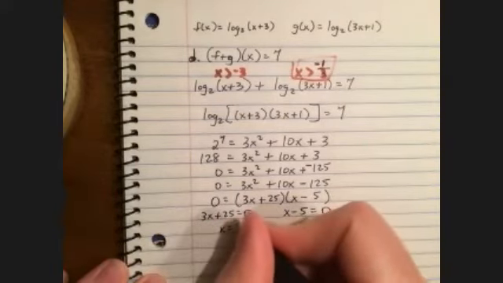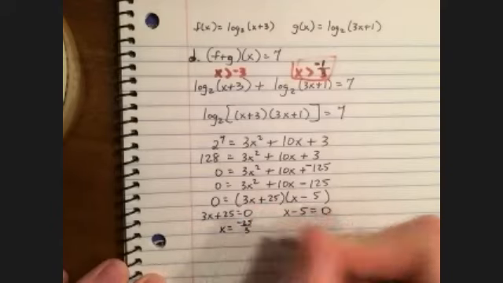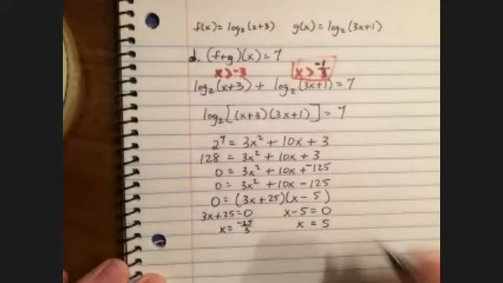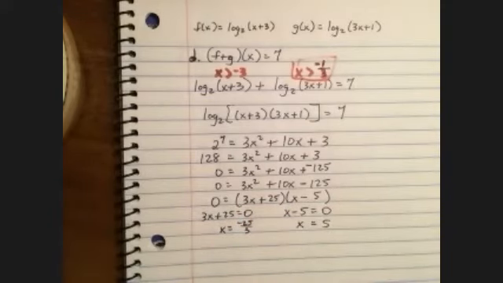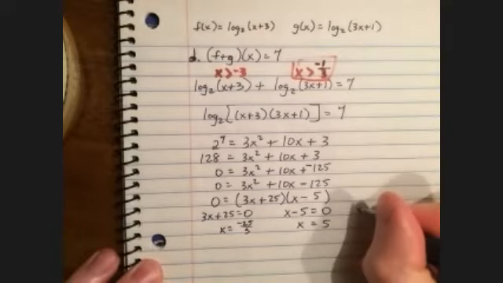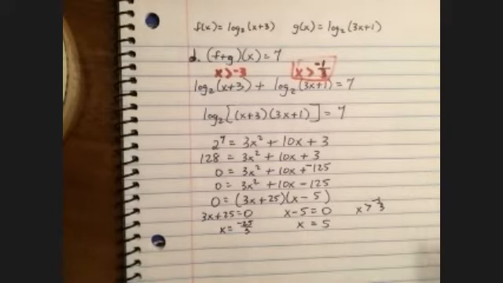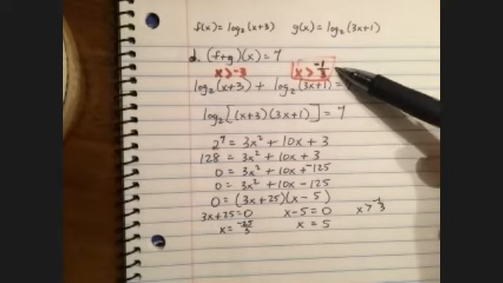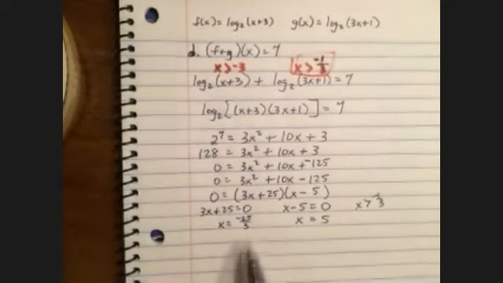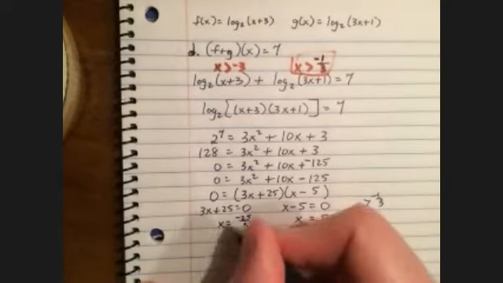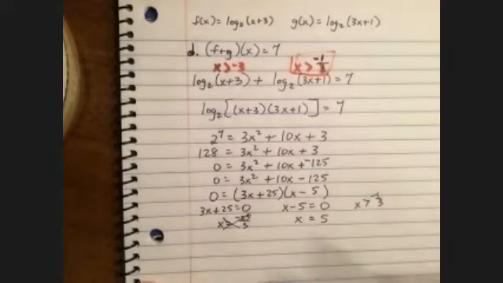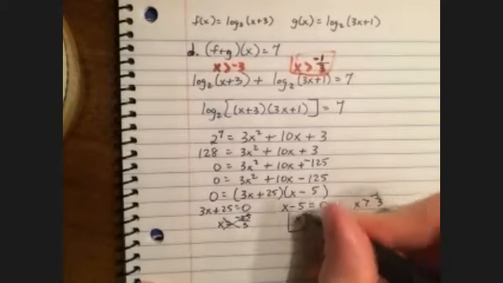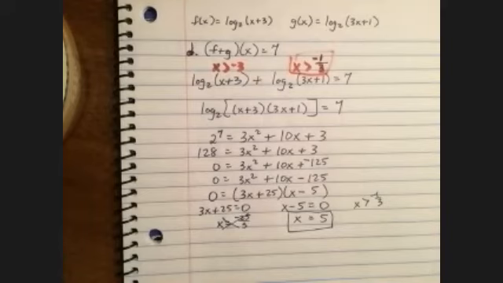Well, that's when x is negative 25/3, or when x is 5. If you remember, we want x to be greater than negative 1/3 based on our domain at the beginning. Well, negative 25/3 is too small. So x equals 5 is our only solution on that problem.